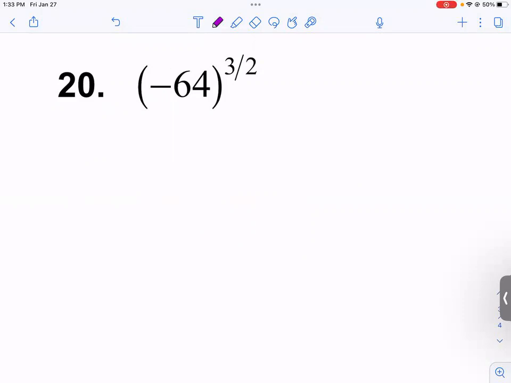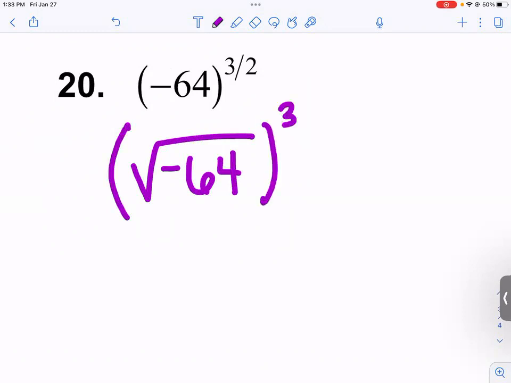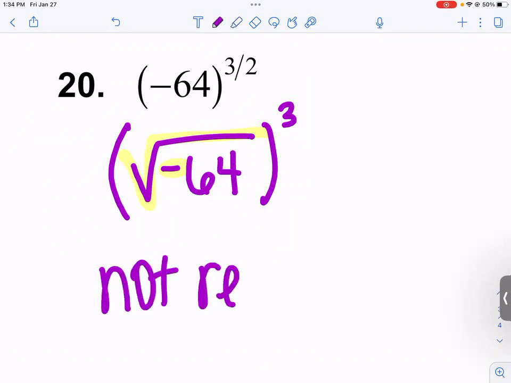Because you cannot have a negative number under an even root. Okay, we cannot have a negative number under an even root. So this is not real.